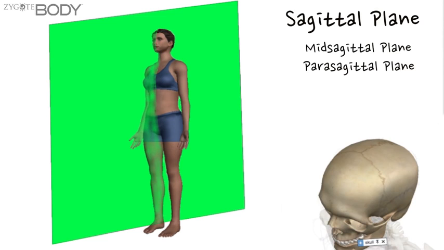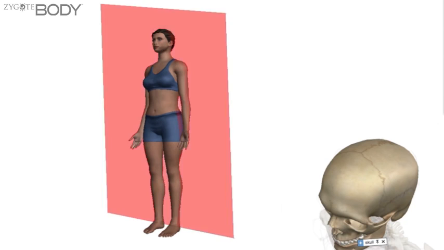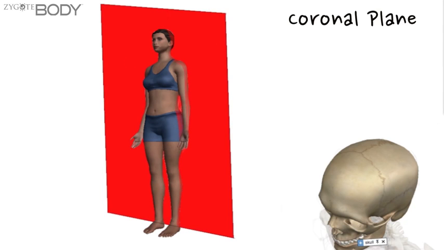Now, clearing up this sagittal plane, I'm going to move on to the second plane, and this is the coronal plane. Also using the skull, I can show you that the coronal plane runs parallel with the coronal suture on the skull.